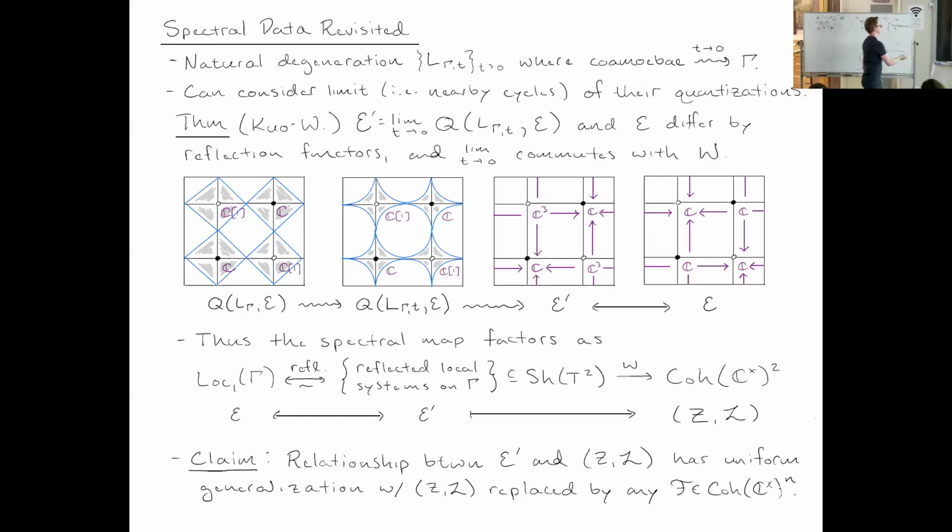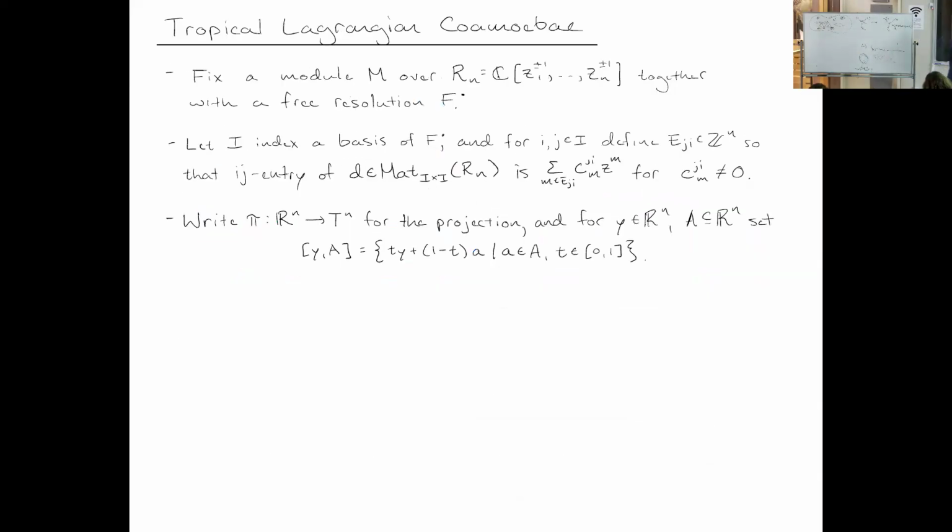Okay, the thing I was about to start explaining is this claim: now we've reformatted our perspective on the spectral map as a mirror map, and I claim this new perspective makes it clear that there's a general picture behind what's going on. So here's the general picture.